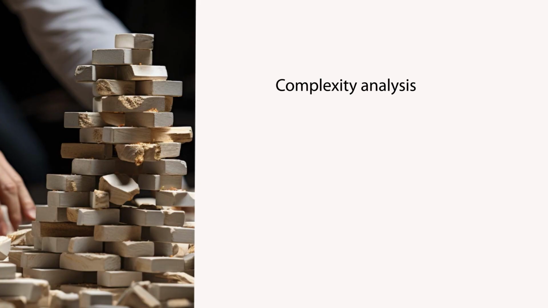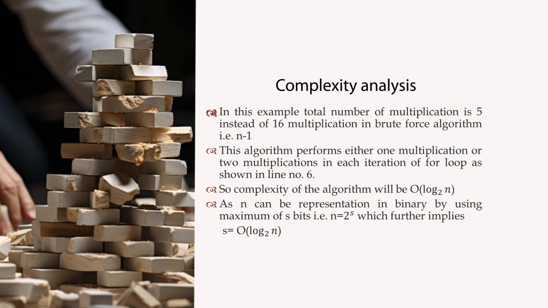Now, how do we analyze the complexity? In this example, the total number of multiplications is 5. In iteration 1, the number of multiplications is 1, iteration 2 is 1, iteration 3 is 1, and iteration 4 has 2 multiplications. So the total is 5, instead of 16 multiplications in the brute force algorithm.